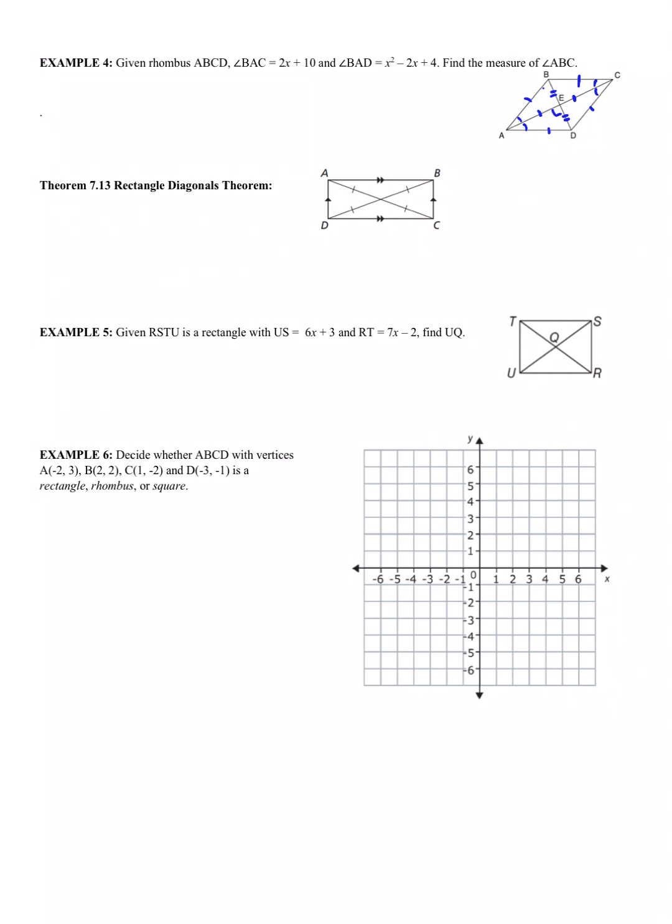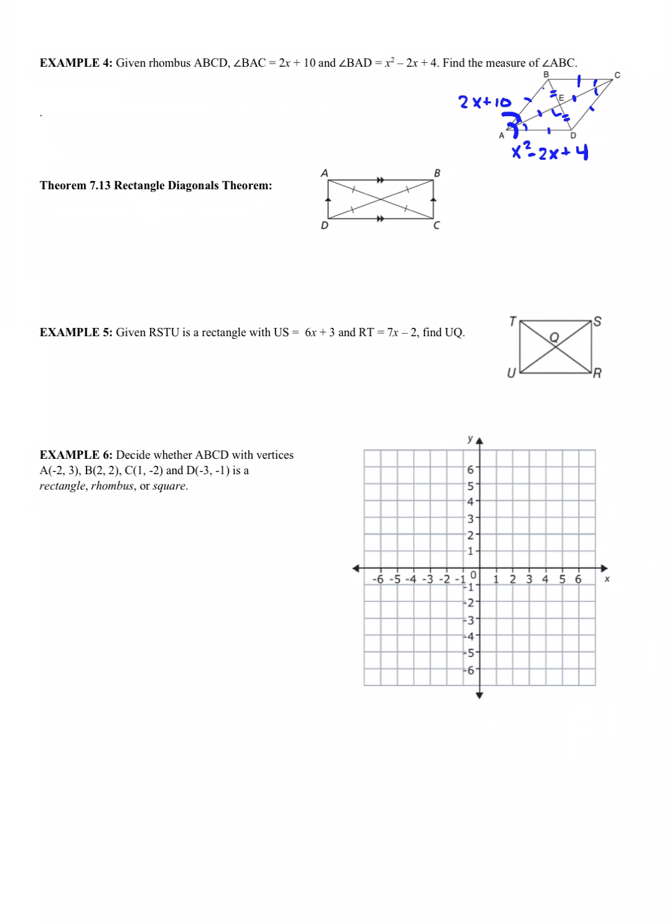So given rhombus ABCD, angle BAC, this angle right here, is 2x plus 10. Angle BAD, the whole angle, is x squared minus 2x plus 4, and then they want us to find the measure of ABC. All right, interesting.